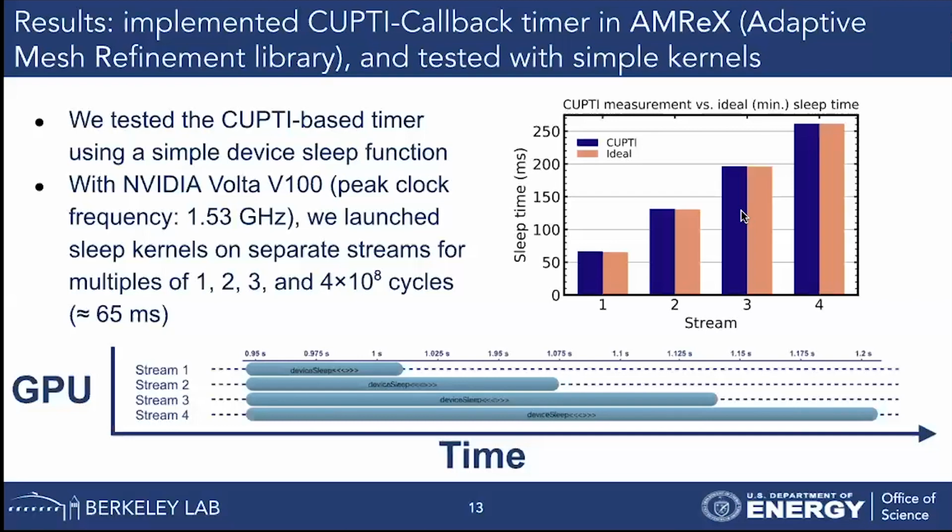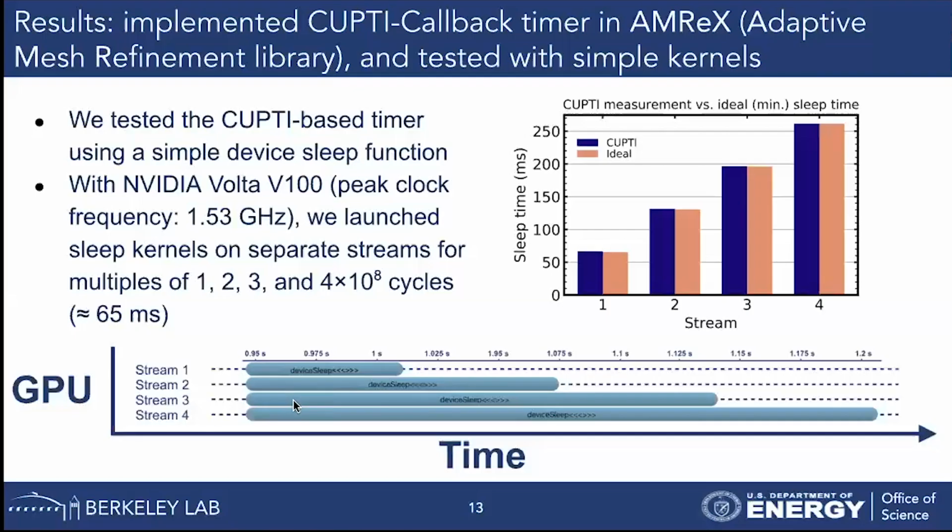This is, of course, a very simple example, but I'll show you in a moment for a more realistic use case what the overhead might look like. But the agreement between these bars indicates that CUPTI gives accurate results. You're capturing the sleep time on all the different streams. And this bottom bar is just a reproduction of what you would see in NVIDIA's visual profiler doing the same thing.